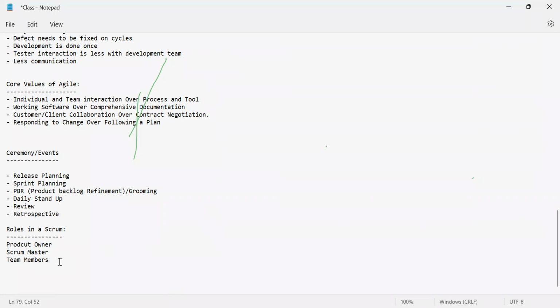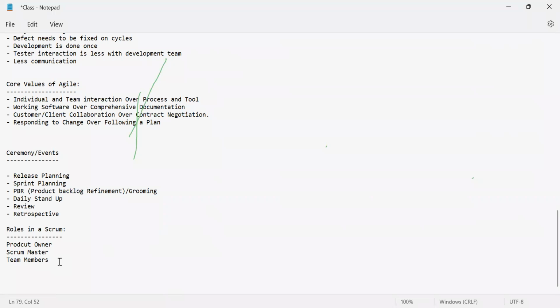Any story is nothing but a small functionality of our application, right? Any story that is picked up as part of a sprint needs to be developed, tested, and it should be in production. All this should happen in this 2-week cycle.